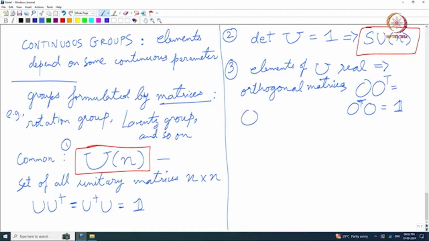We can just call it the ON group, the set of all orthogonal matrices of dimension n cross n. Okay, this still does not say anything about the determinant. By the way, notice that if I were to take the determinant of UU dagger, what is the determinant of UU dagger from here?